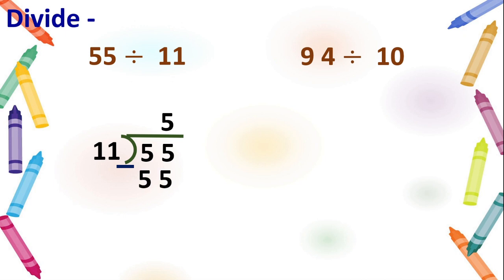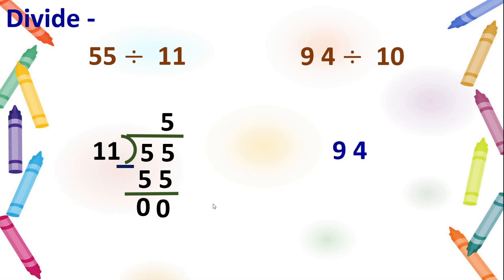Am I right? Okay, now 55 minus 55, how much? 0. Right? Okay, here again 11 is the divisor, 55 the dividend, 5 the quotient and 0 the remainder.